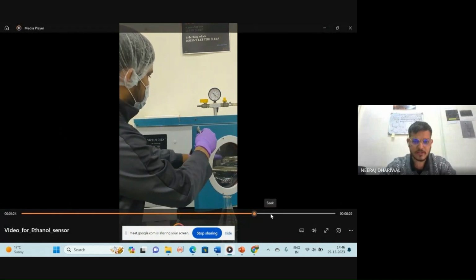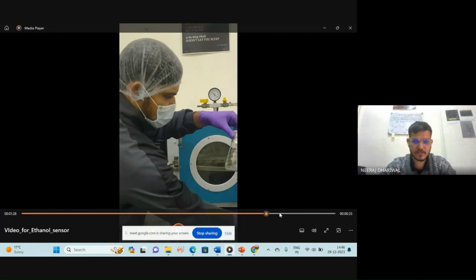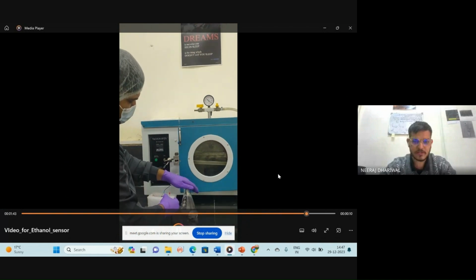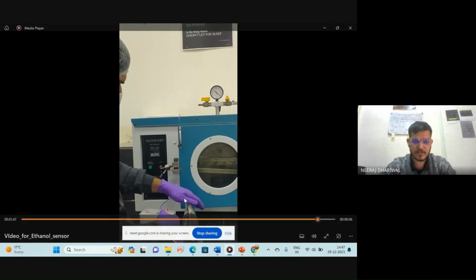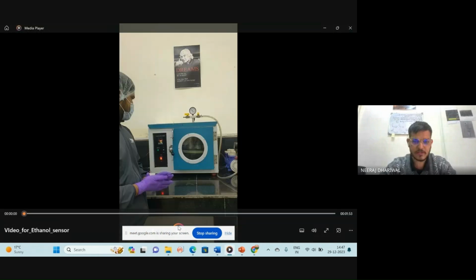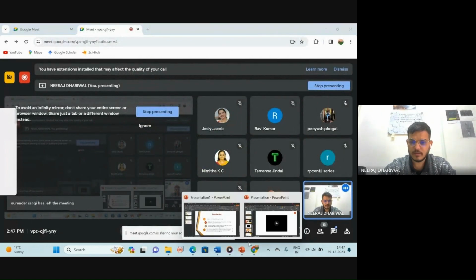While when we inserted it into the atmosphere of ethanol, we get a response, as we can see here. This shows the glow in the LED, which means the resistance has decreased when it comes into contact with ethanol. So this was about the device.